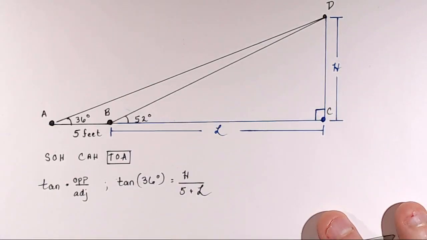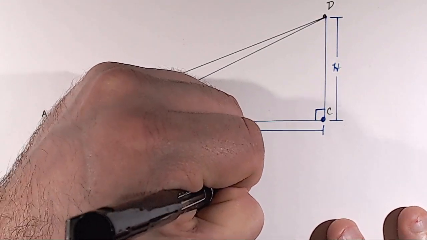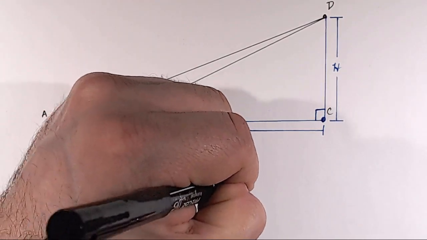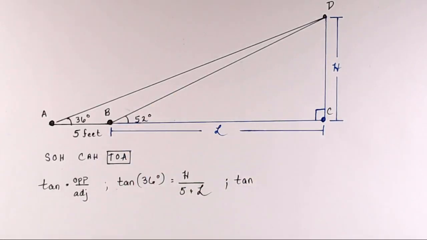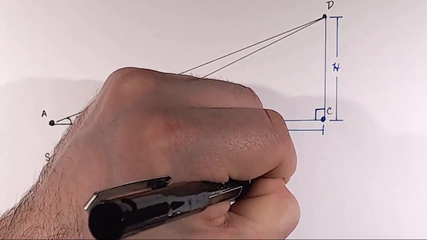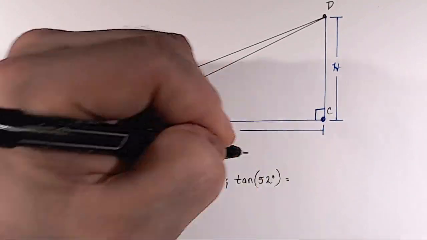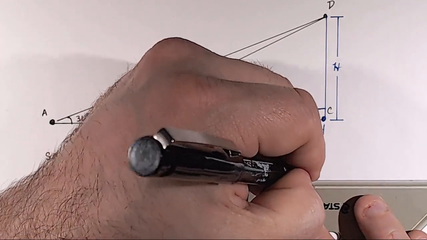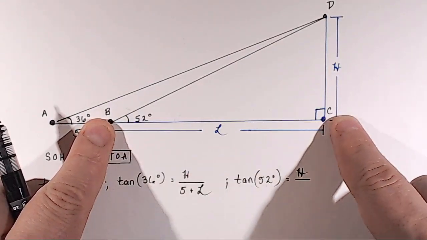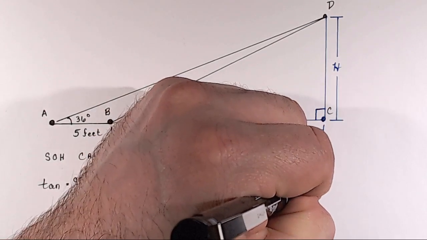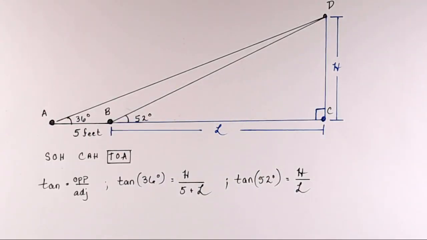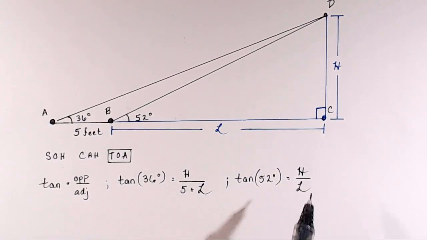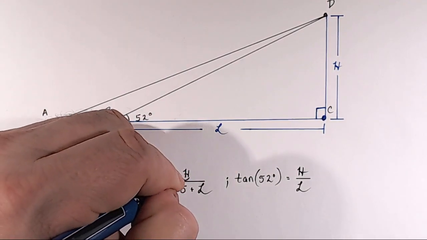We should also notice that if the tangent of 36 is h over 5 plus L, then the tangent of 52 degrees is equal to h, remember opposite, over, for this littler triangle, the adjacent side is just L. So h over L. Okay, so now we need to set up these simultaneous equations to have both the h's alone.